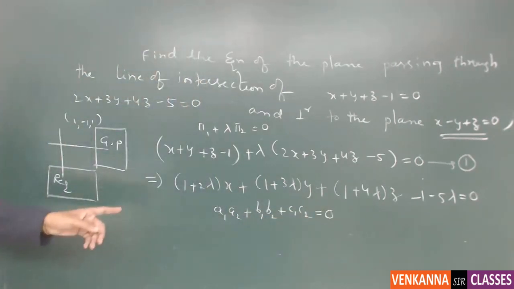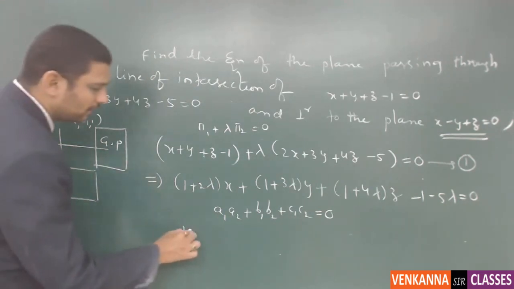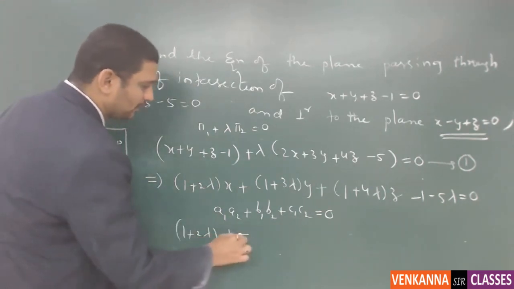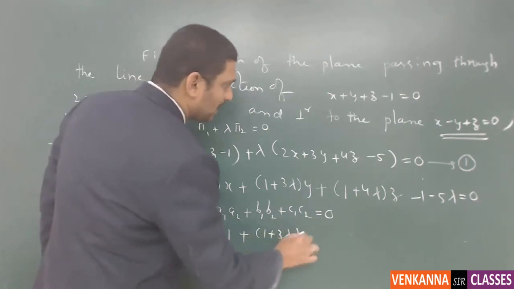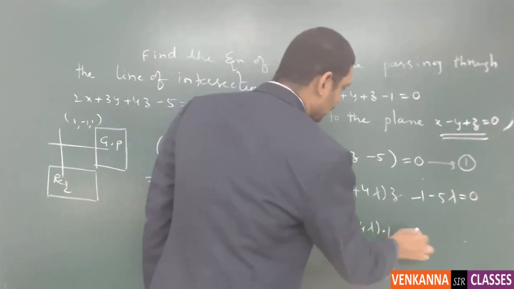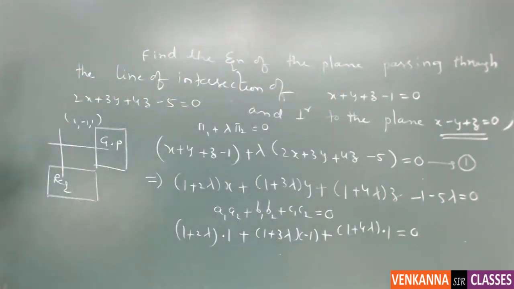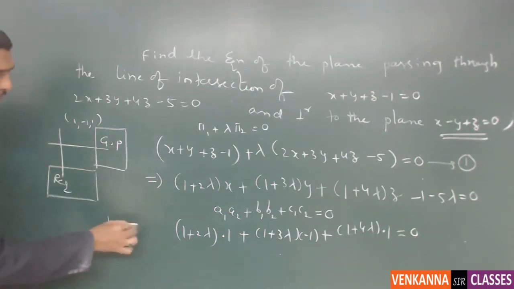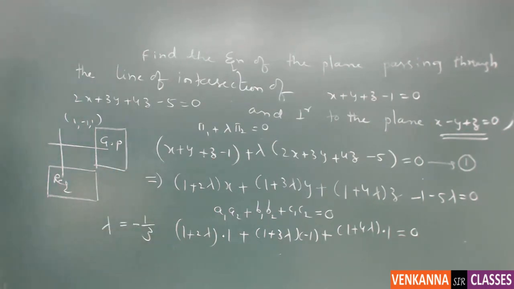Applying this formula to their coefficients, you have 1 plus 2 lambda into 1 plus 1 plus 3 lambda into minus 1 plus 1 plus 4 lambda into 1 equal to 0. So I will leave the simplification to you. If you simplify, you will get lambda is equal to minus 1 by 3. Substituting lambda value in equation 1, I think you will get the equation as x minus z plus 2 equal to 0.